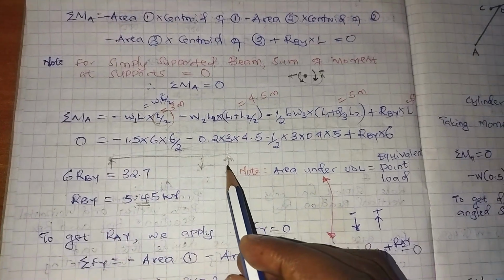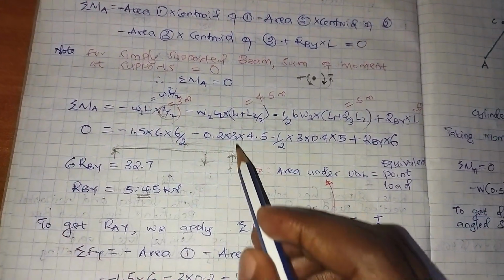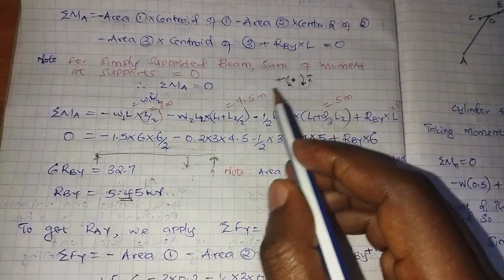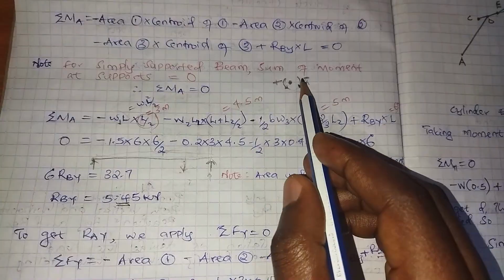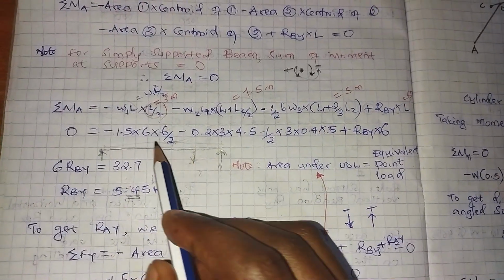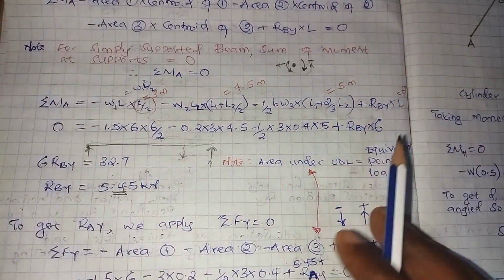If it is trying to lift it upward, this direction is anti-clockwise, so that is why this one is positive here. And the other ones that are turning it down, that are the self weight and the applied loads, are negative loads, all of them.